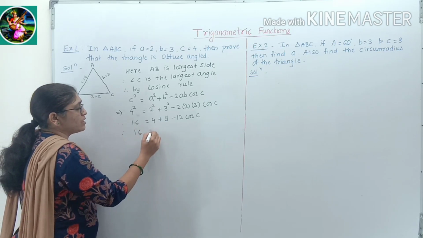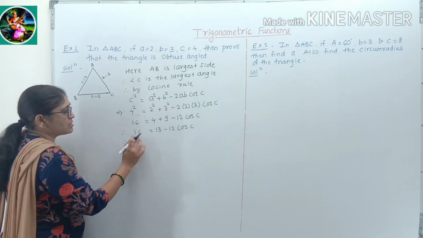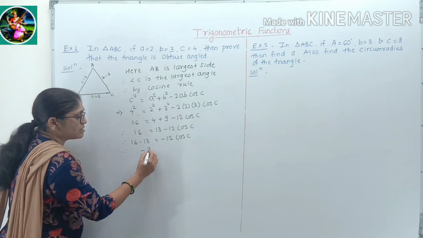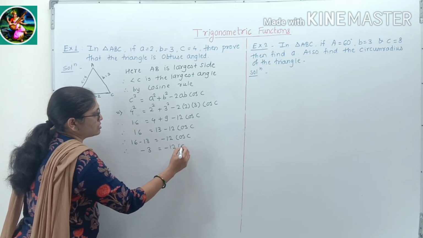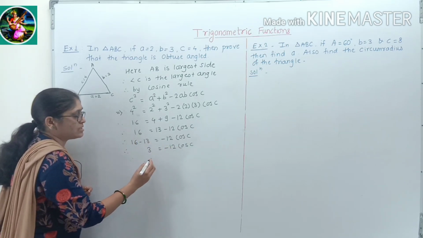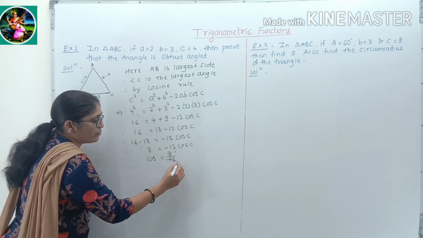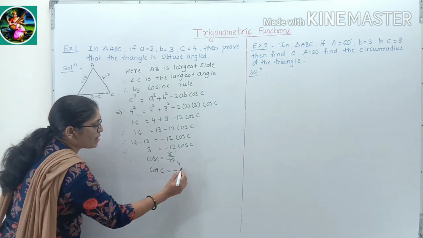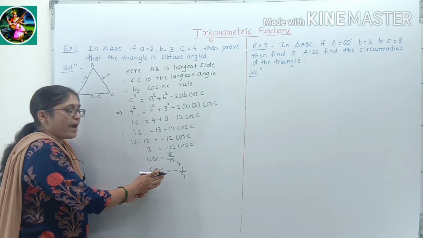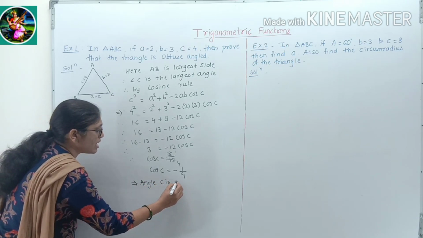Therefore, 16 = 13 − 12 cos C. Therefore, 16 − 13 = −12 cos C. That is, 3 = −12 cos C. Therefore, cos C = 3 divided by −12, that is cos C = −1/4. This shows that the cosine ratio of angle C is negative, which shows that angle C is an obtuse angle.